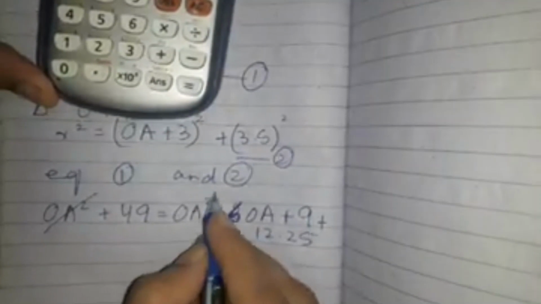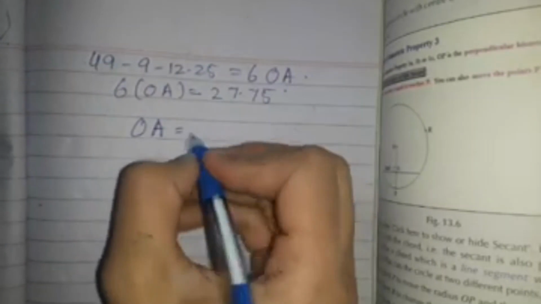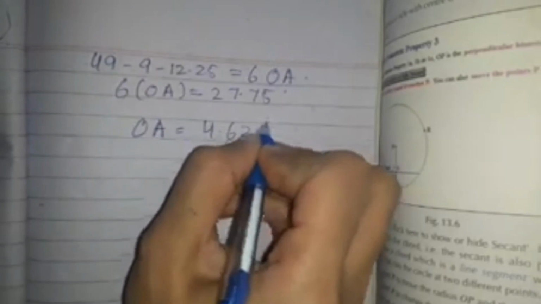Now this will cancel out, and we get 49 minus 9 minus 12.25 is equal to 6 times OA, and 6 times OA is equal to 27.75. Finally we get the value of OA, which is 27.75 divided by 6. We get the answer 4.625.